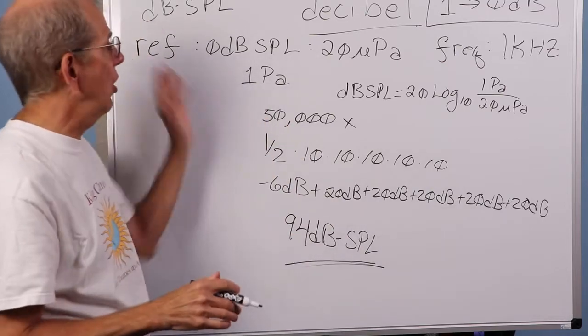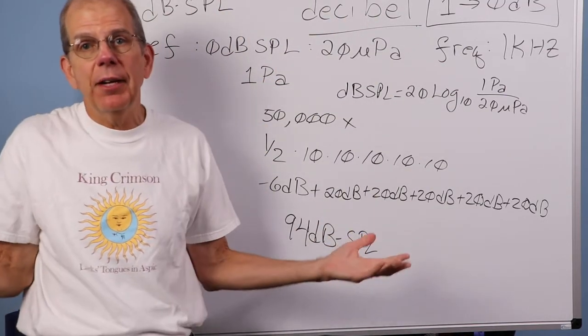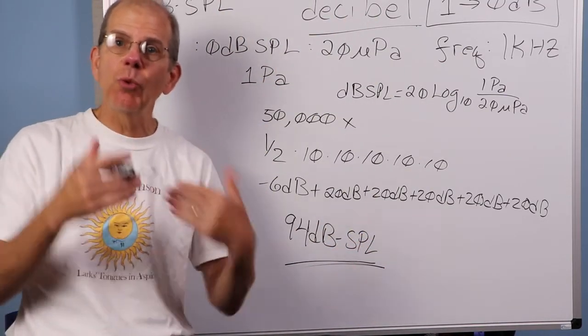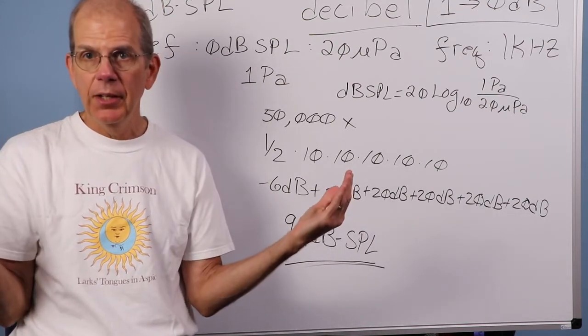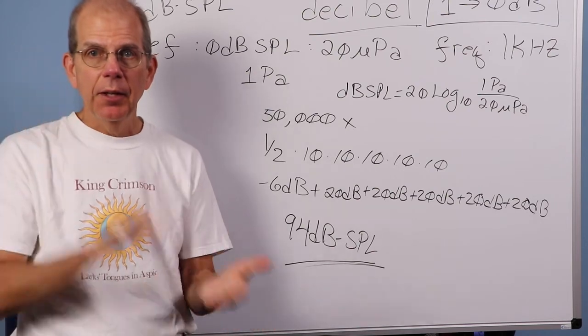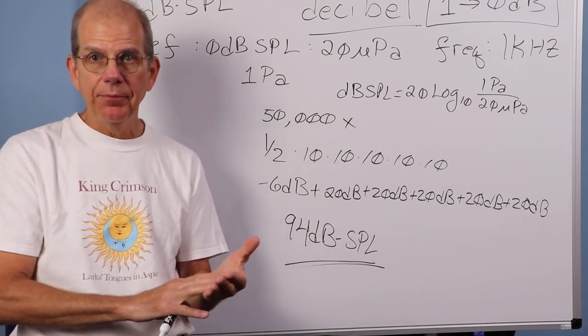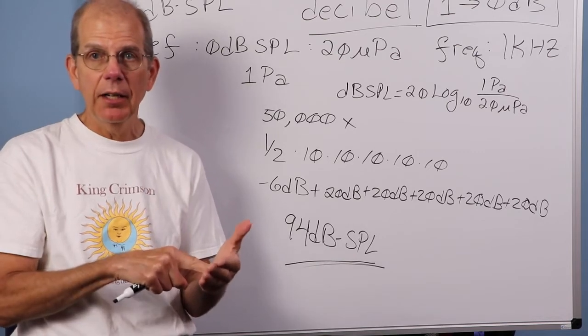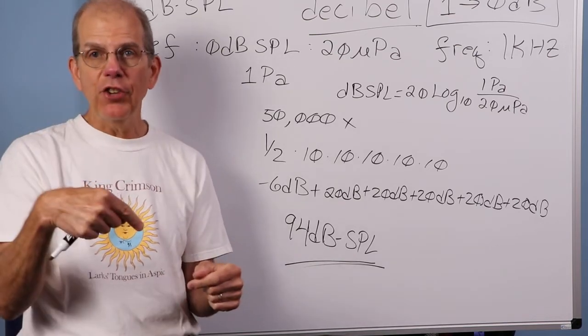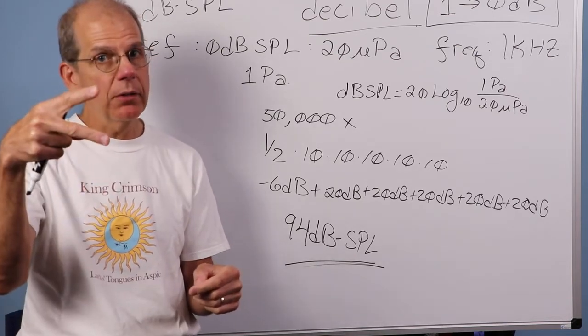Okay, so that's really all there is to talk about as far as decibels are concerned. It's just a ratio that's represented in this logarithmic form, right? You take the base 10 log of the ratio, whether it's power or pressure.